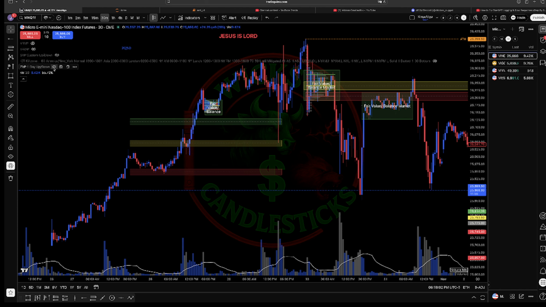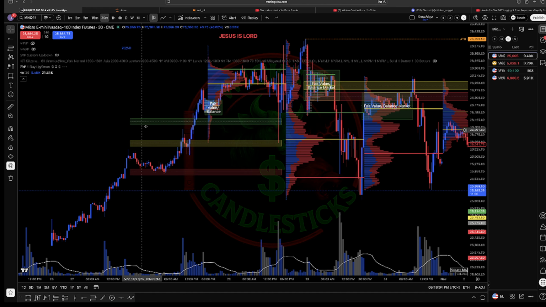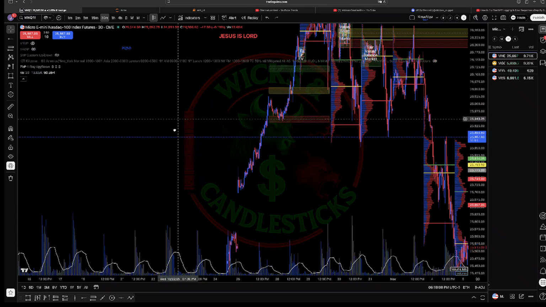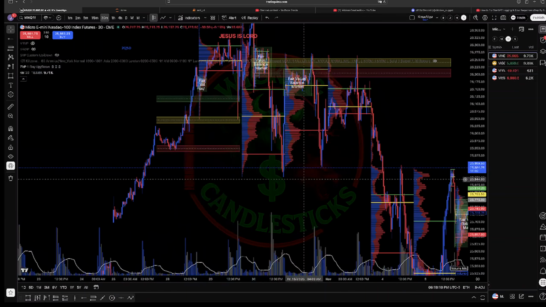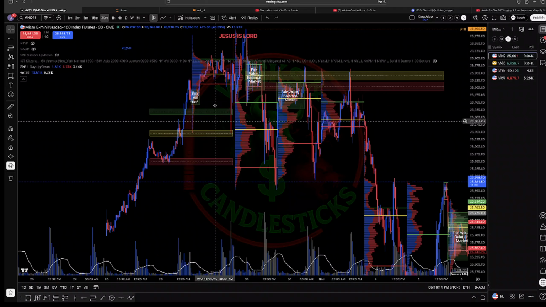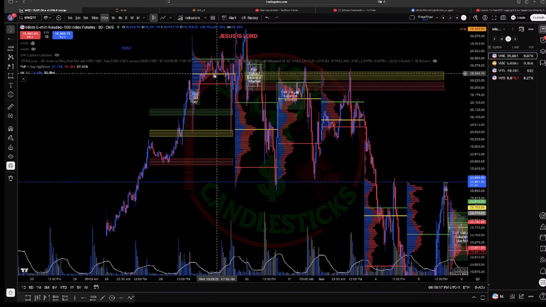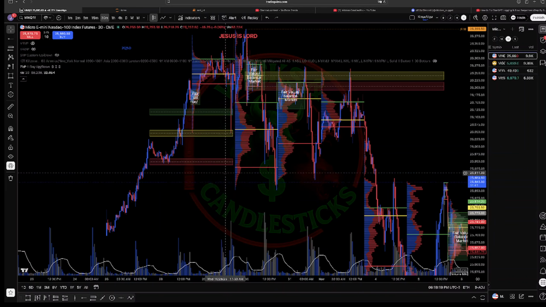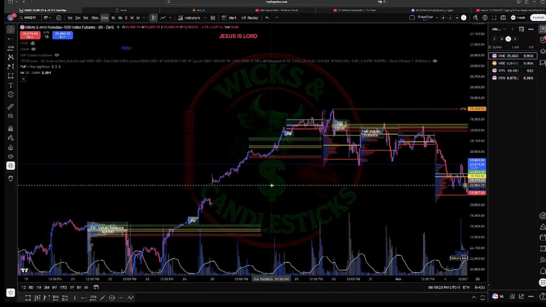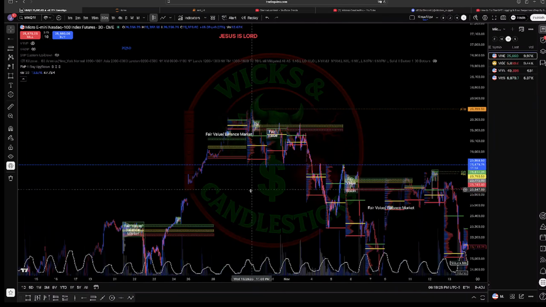So when you add the volume profile to the auction market theory, what you will have here is the value area high, the POC, and the value area low. Why isn't this loading?